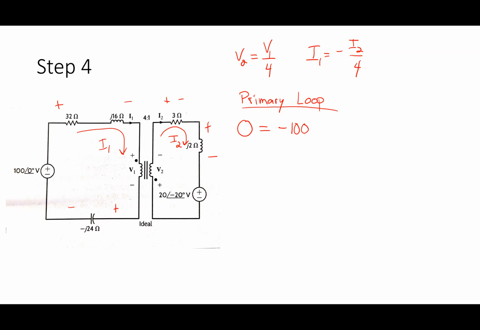So negative 100, and then I say plus I1 times what? 32 plus J16, like that, right?